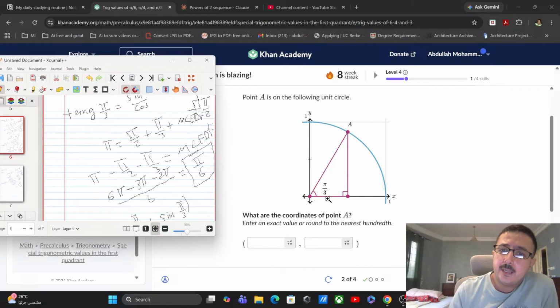I need x and y. X and y is going to be the cosine and sine. Am I correct? So this is x, and this is y.